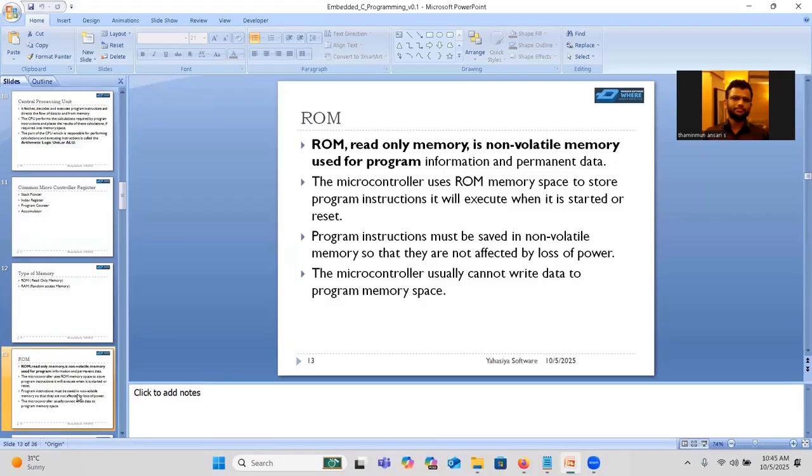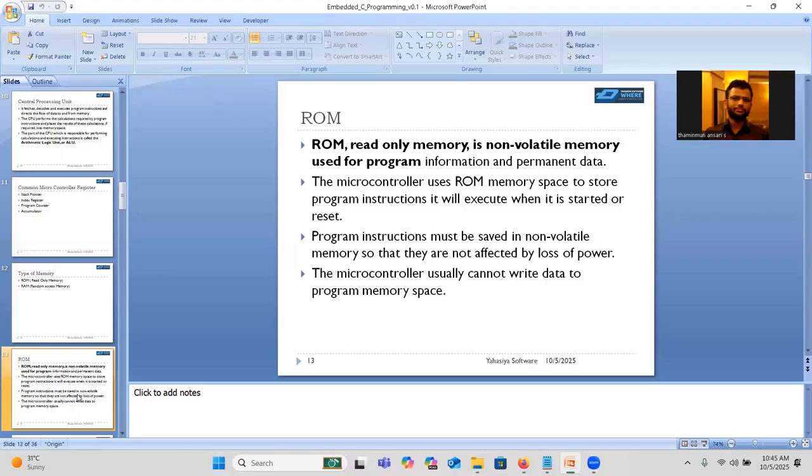Within non-volatile memory itself, we have different types. One is one-time programmable read-only memory, which can be reprogrammed by erasing it using UV light. Another type of ROM is EEPROM, electrically erasable read-only memory, which uses a charge pump to erase the memory.